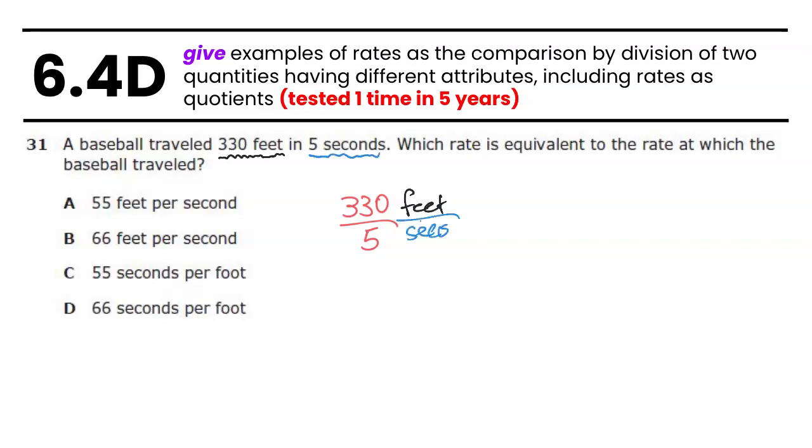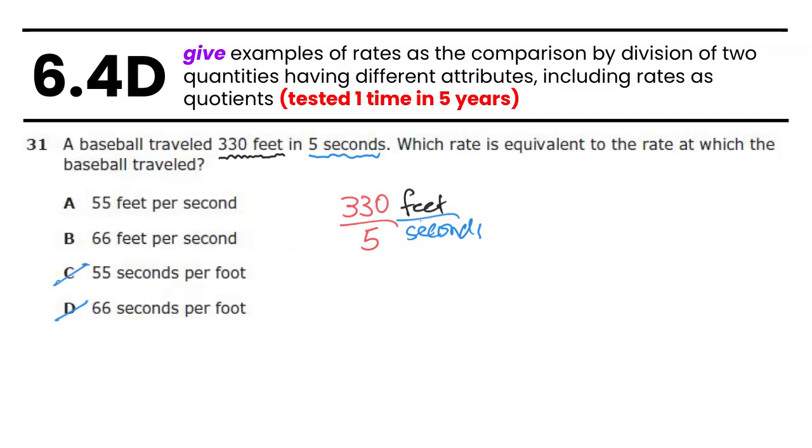And that is going to really help students to understand that this rate will be measured in the unit feet per second. And so if they can do that, they should be able to then eliminate 2 wrong answers immediately.